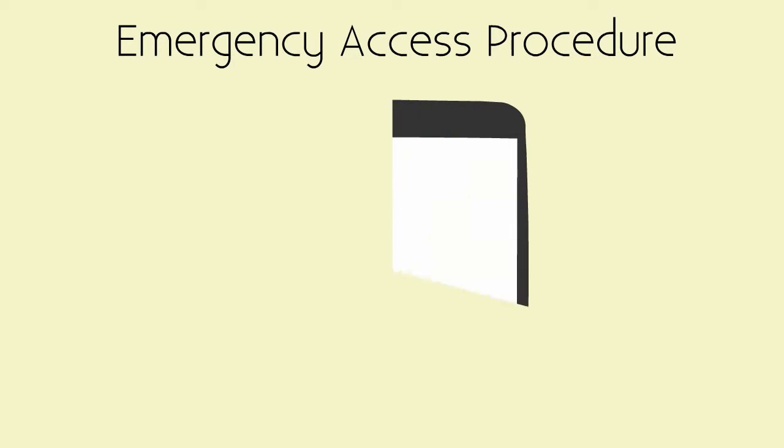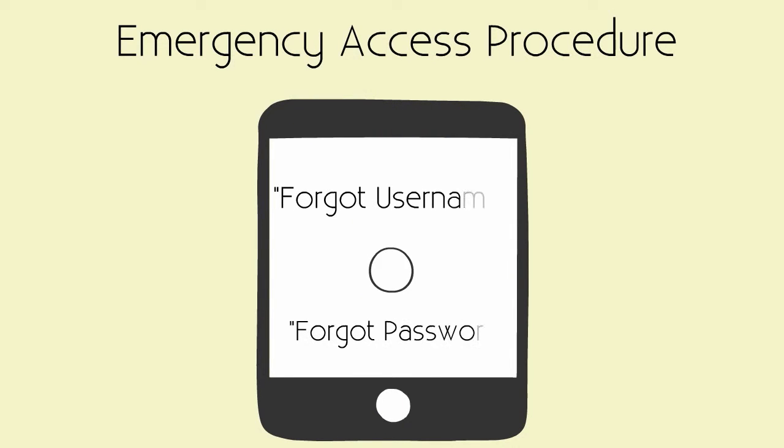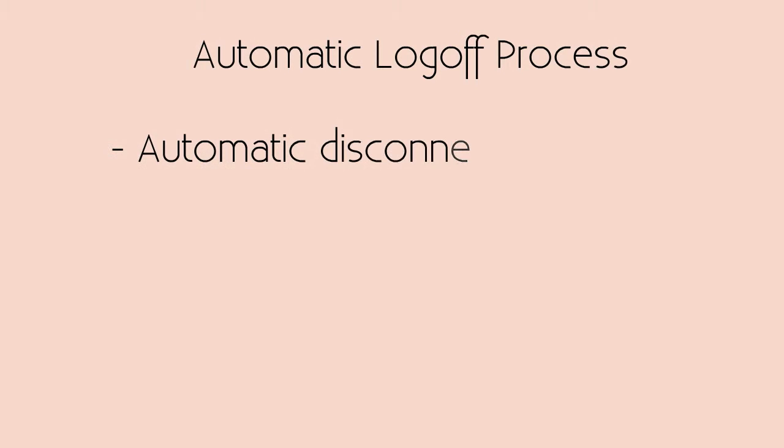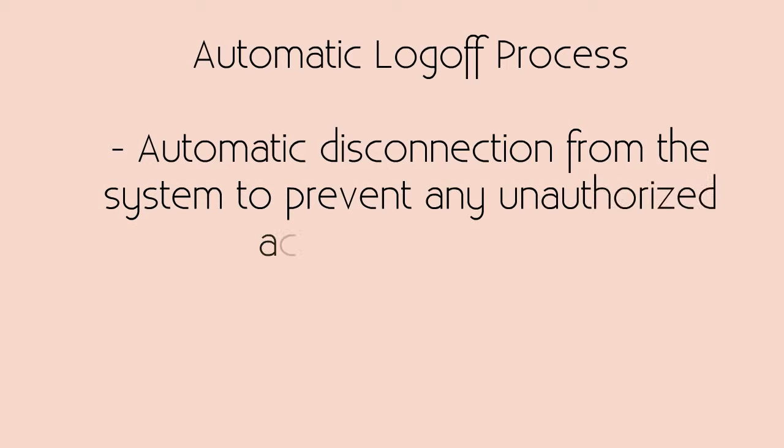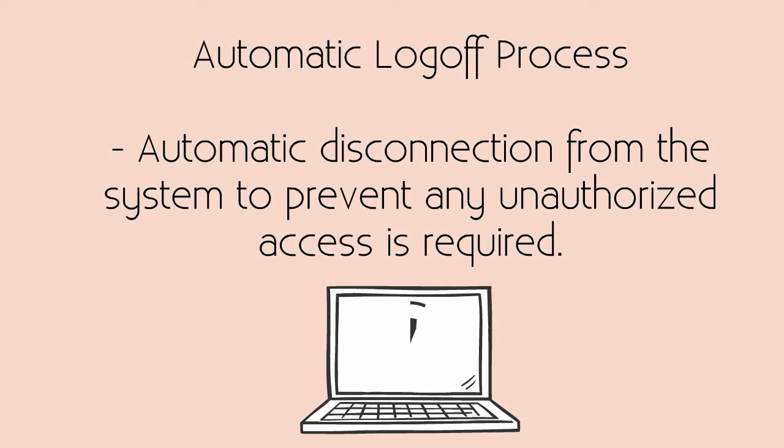An emergency access procedure. A forgot password and forgot username feature is needed to help verify the user accessing the system. An automatic log-off process. After a period of inactivity, an automatic disconnection from the system to prevent any unauthorized access is required.